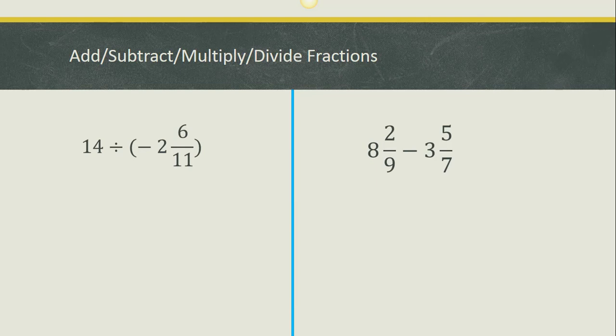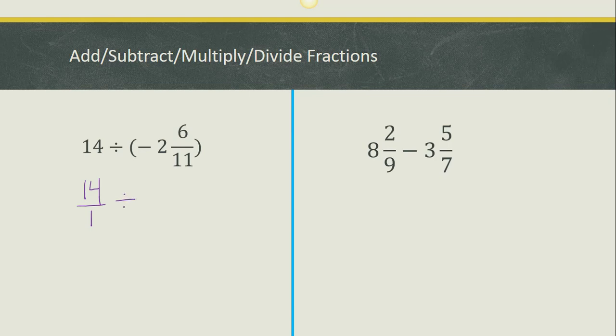Okay, now we got a couple just like addition, subtraction, division of fractions. So we'll start here with this one. Now, when we want to do things with fractions, especially multiplication or division, we need to change both numbers into fractions. It's hard to work with mixed numbers. So what we do with the 14, to change it into a fraction, we just put it over 1.